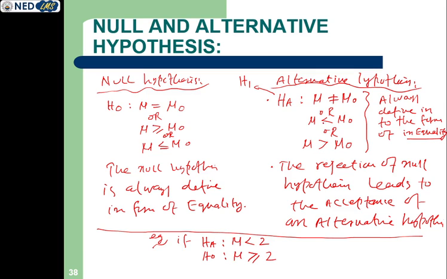This is the idea by which we can make null and alternative hypotheses easily. For example, if the alternative hypothesis is mu not equal to 3, then the null hypothesis is mu equal to 3. So in a numerical, you can work out the null and alternative hypotheses. This is all about null and alternative hypothesis.